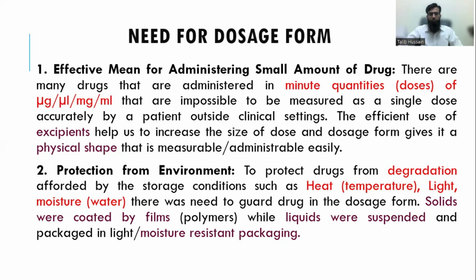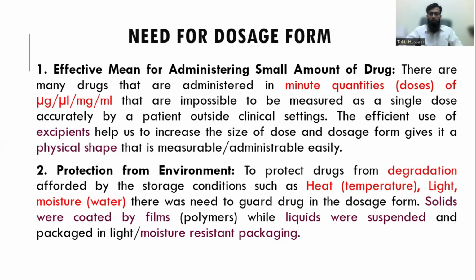Starting with the need of dosage form, first of all, as we know, the active ingredients or APIs are in very minute quantities or very small sized doses which are to be measured only in milligrams or micrograms or nanograms, milliliters, microliters or nanoliters.